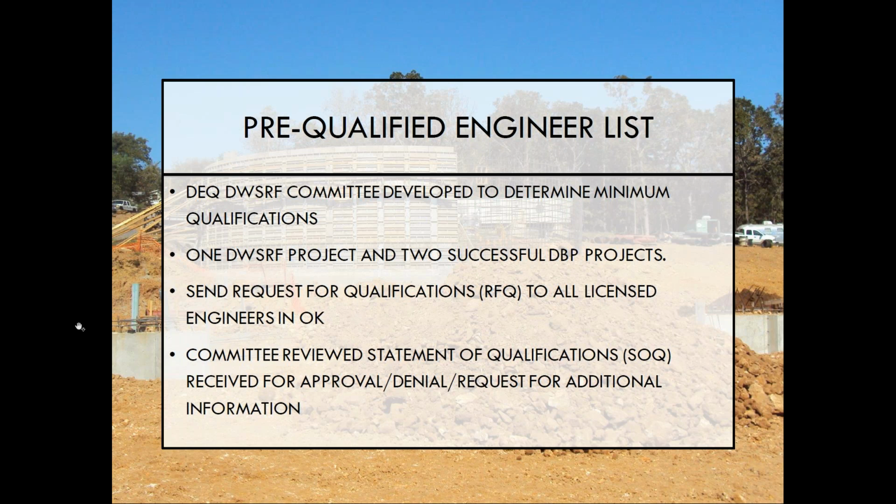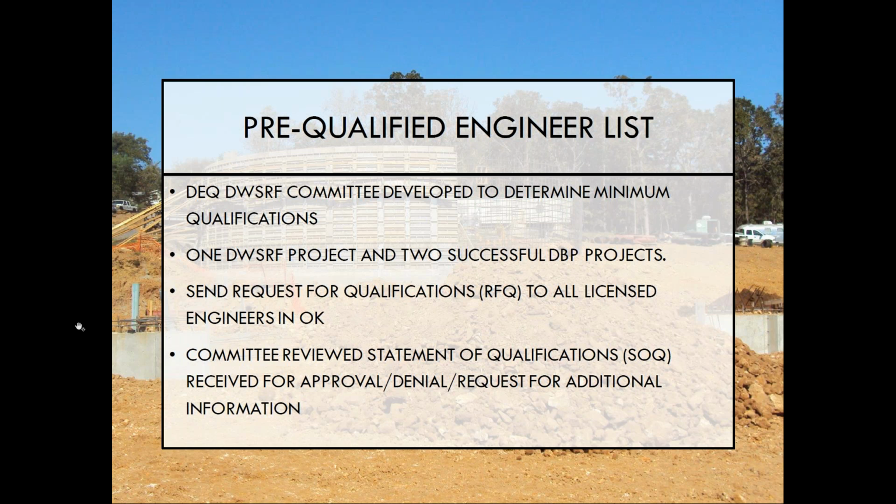And we did this because we were hoping to streamline the projects, allow the systems to attain compliance as quickly as possible. And we came up with the normal things. You have to be a registered, licensed PE in Oklahoma. But the criteria that hung a lot of engineers up and didn't get them approved was we wanted 1 DWSRF project and 2 successful DBP projects where that engineer was the engineer of record.